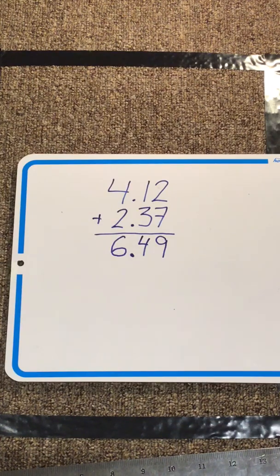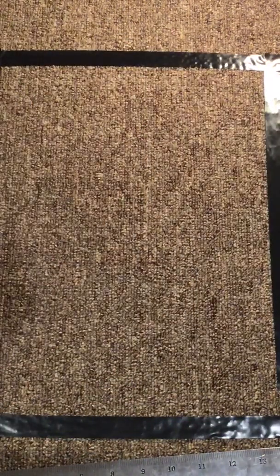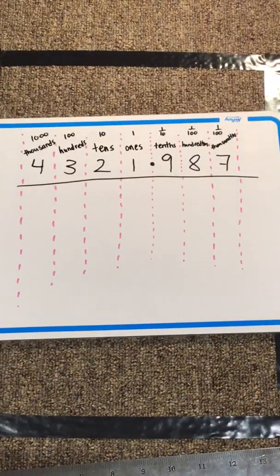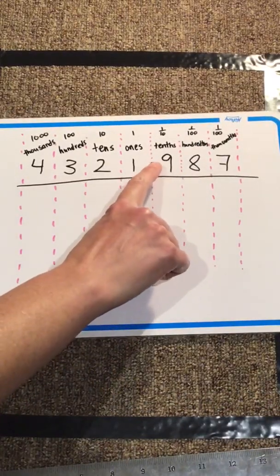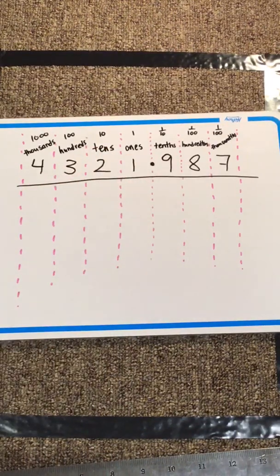But we're mathematicians, and sometimes we like to take a shortcut. So it all comes down to place value. The whole purpose of the decimal point is to show us where the ones column is. The number just to the left of the decimal point is always in the ones column.